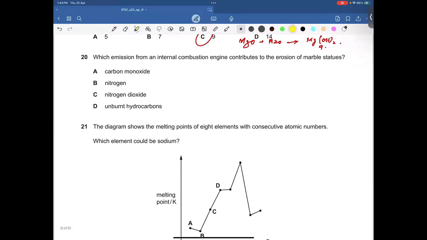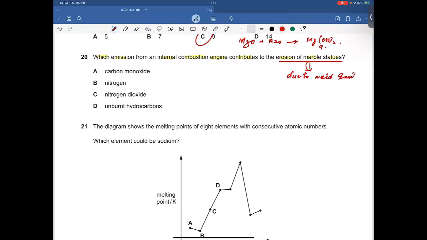Question 20. Which emission from an internal combustion engine contributes to erosion of marble? Erosion of marble is always due to the formation of acid rain.